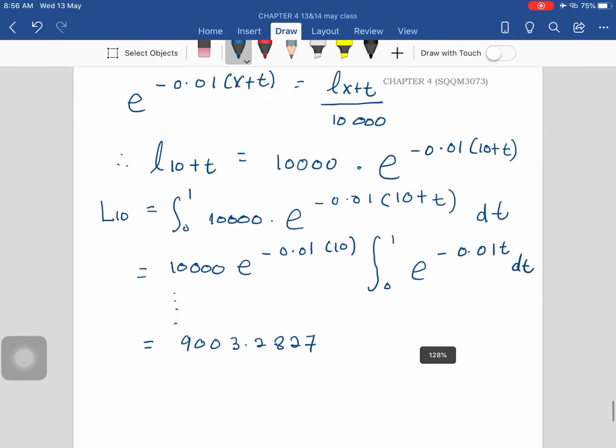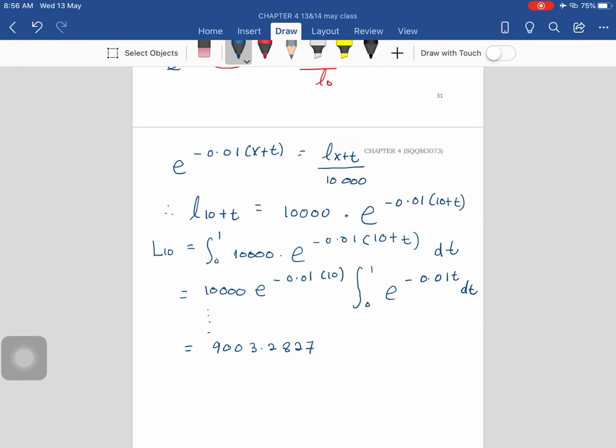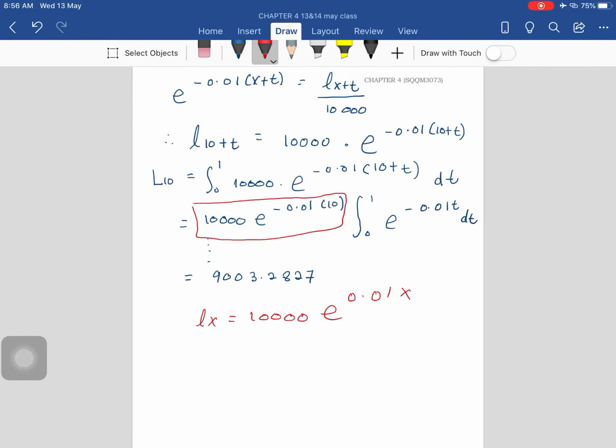Okay. This one is actually Lx. Lx equals 10,000 E negative 0.01x. Okay, how?